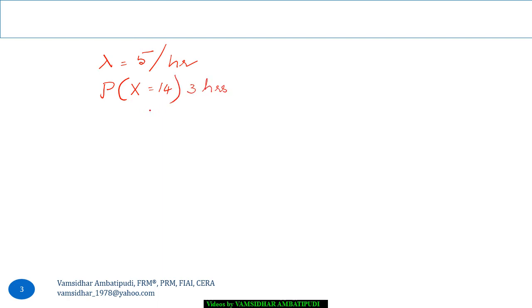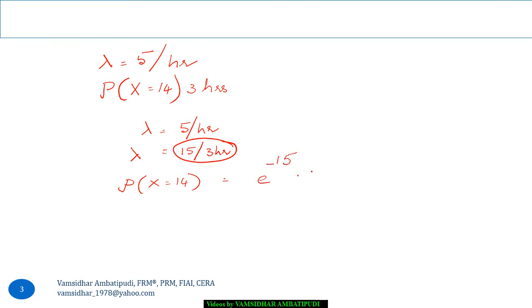This is where I can apply this summation. I am talking about lambda of 5 per hour, which is also the same as 15 per 3 hours. So my lambda is nothing but 15 per a 3-hour period. So the probability of X equal to 14 in 3 hours is e to the power of minus lambda, lambda to the power x by x factorial.